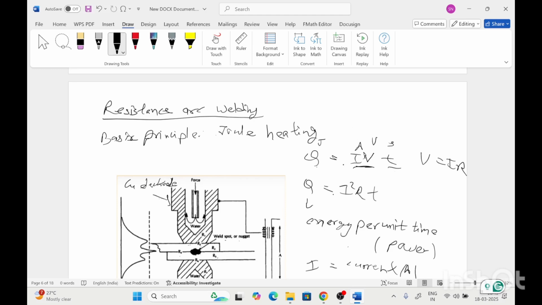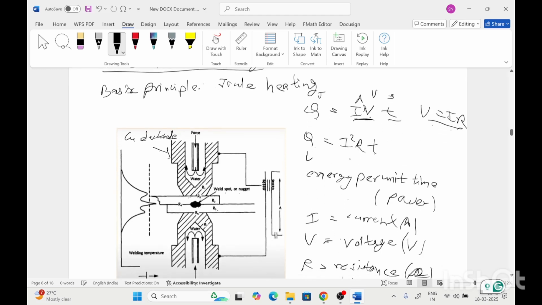The voltage cannot be calculated directly; we generally know only the current value. So we calculate the voltage from V = IR. If we put this in, Q = I²RT.